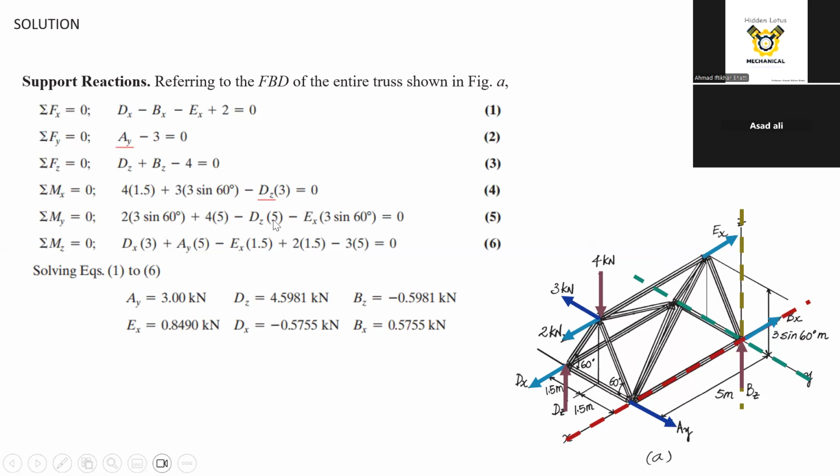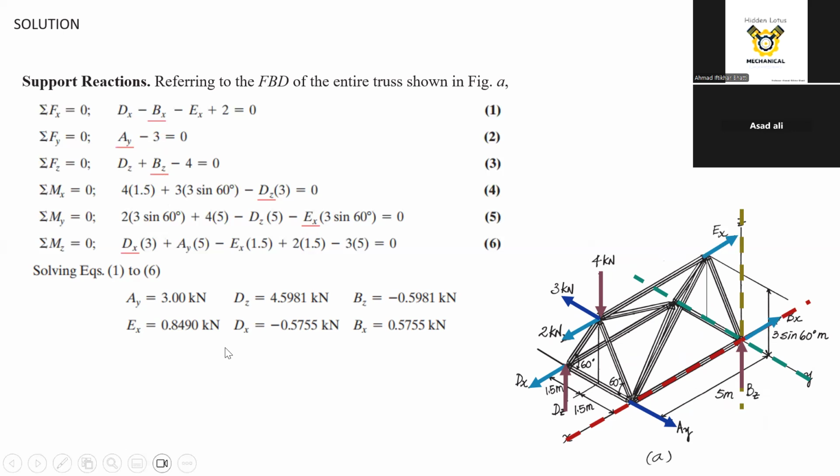And if we put the value of Dz in equation 5, we get the support reaction at point E in the horizontal direction, which is 0.8490 kilonewton. And you see also we can put the Dz value in equation 3, so we get the support reaction at point B in the axial direction, which is negative 0.5981 kilonewton.